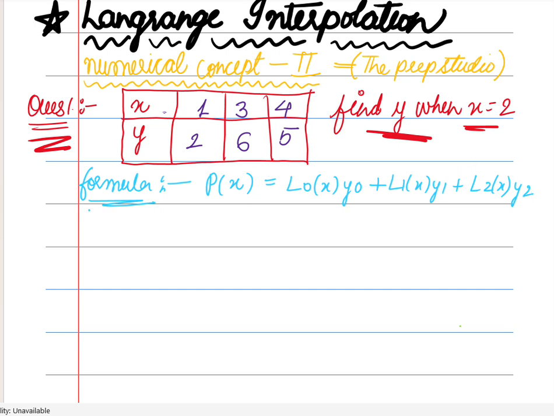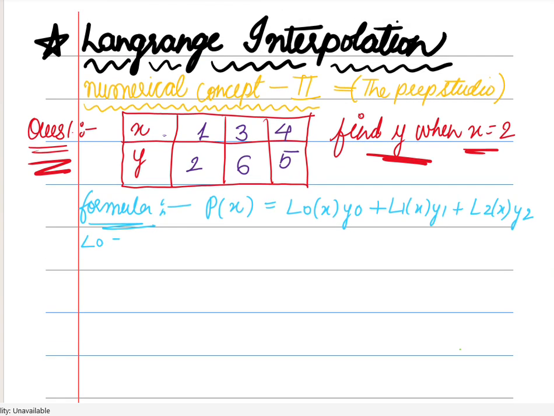This is the formula where L0 is given by L0 of x, right?